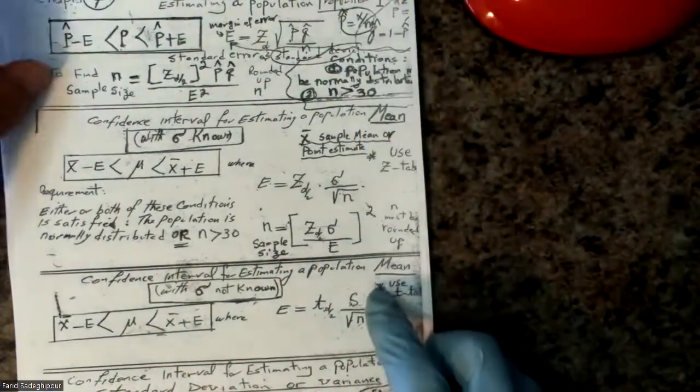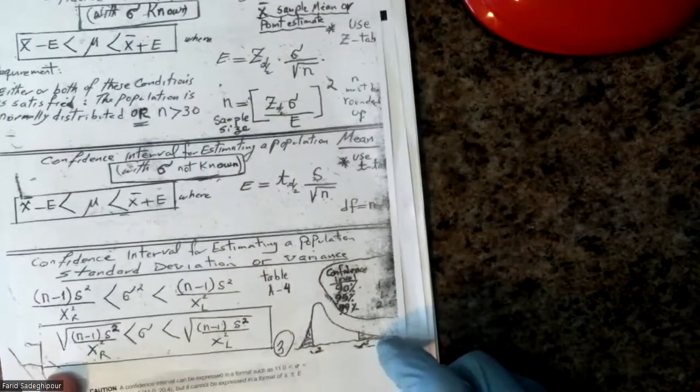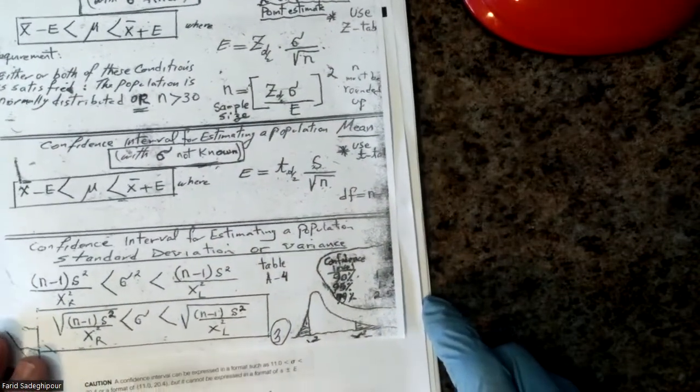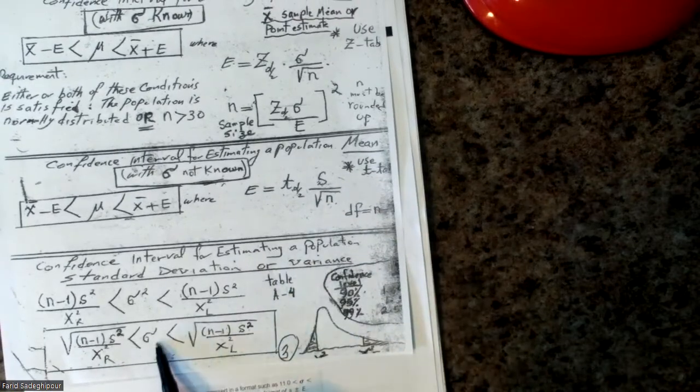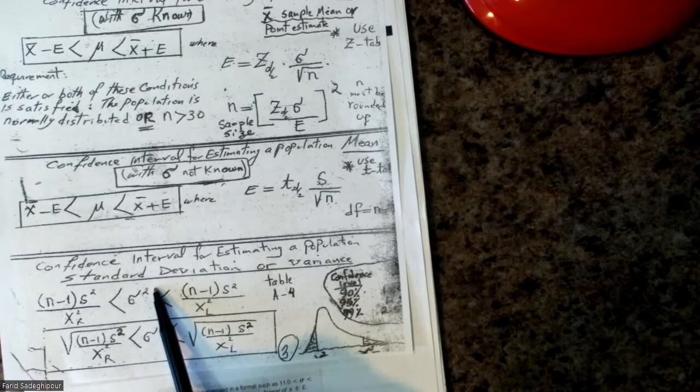The last one is when we would like to calculate the interval for standard deviations. You understand that sigma to the power of 2 is the variance, and when you take the square root of this, just sigma by itself is the standard deviation.